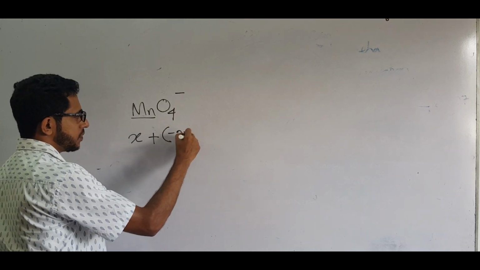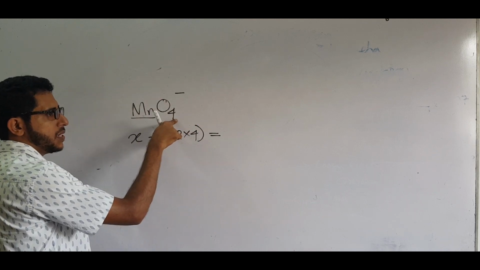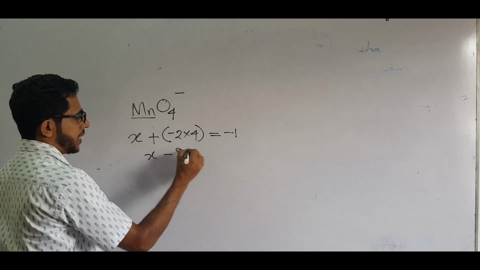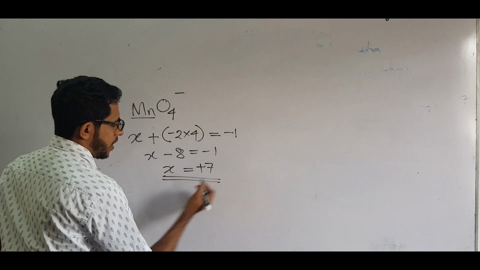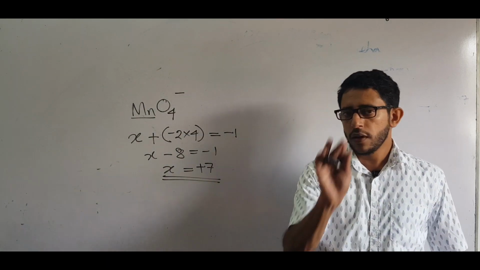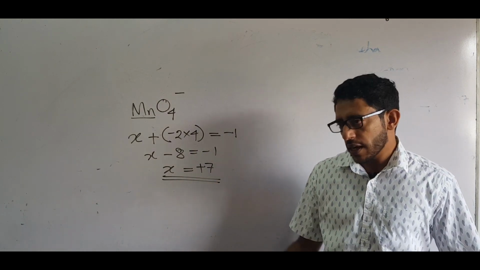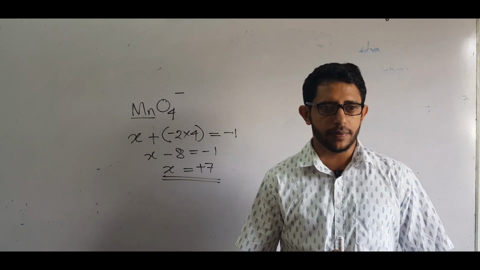So minus 2 into 4 is equal to the summation of oxidation numbers, which is equal to the charge of the ion, minus 1. X minus 8 equals minus 1, X equals plus 7. So the oxidation number of X, the manganese, is plus 7. Now remember, we always put the sign for the oxidation number. Rather than just writing X equals 7, we have to say X is plus 7, right.